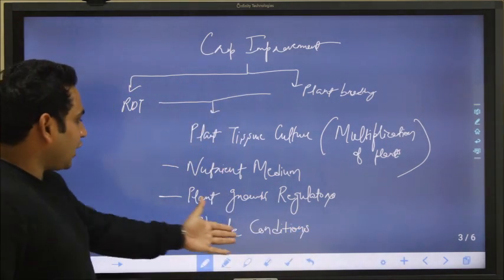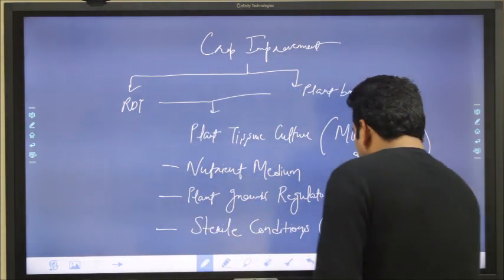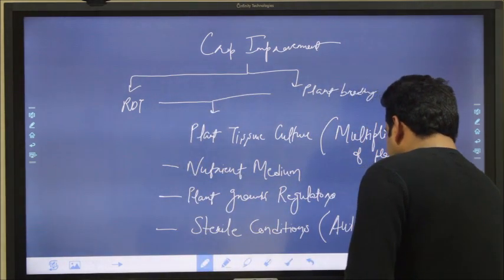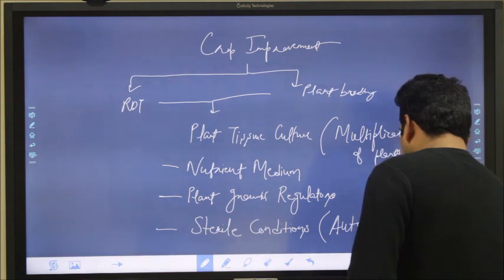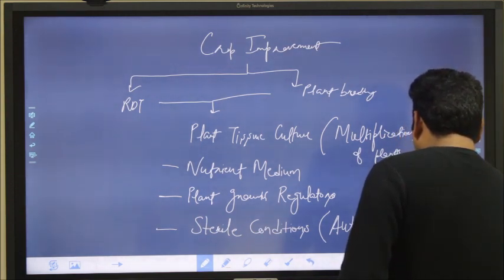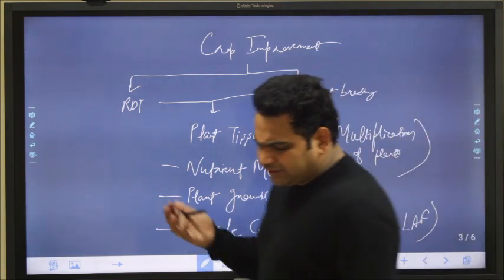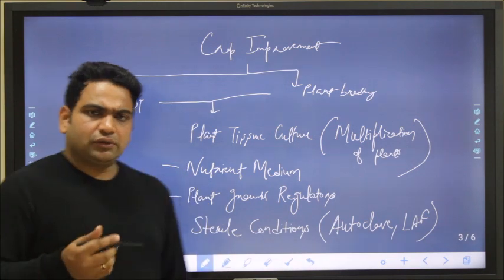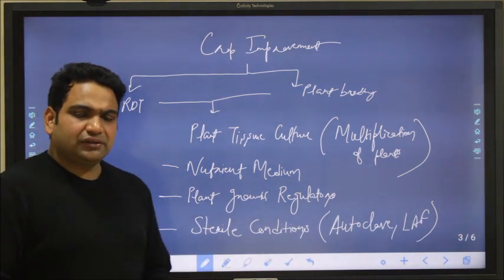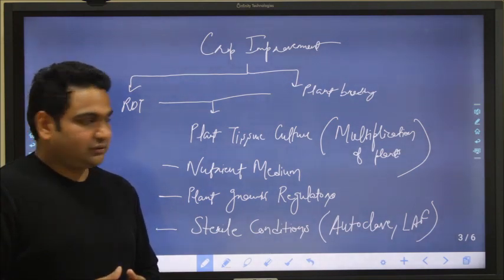If we talk about sterile conditions, we need different instruments like the autoclave, LAF, which is called Laminar Airflow, and the hot air oven, etc., that are useful for the sterilization process.